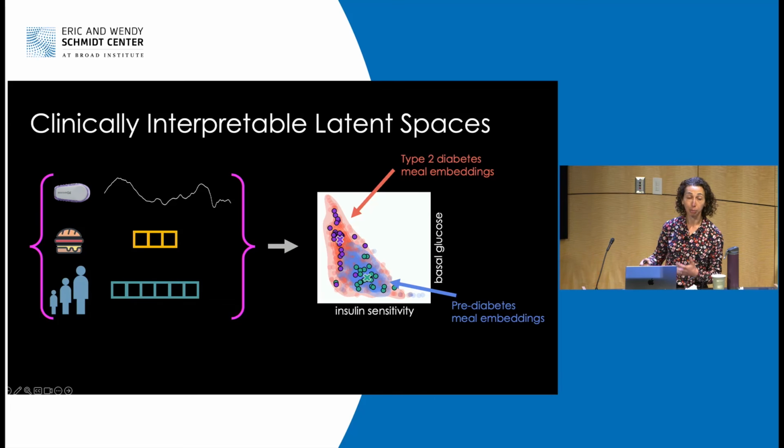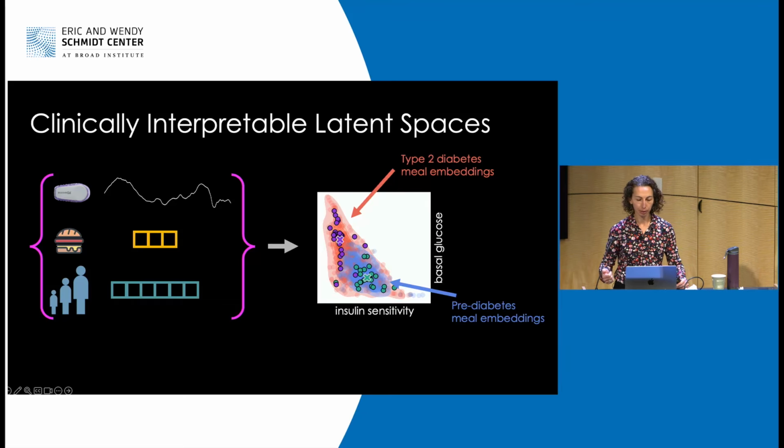But to make this space clinically actionable, we need these dimensions to align with clinical reasoning. And so what I'm showing here are embeddings of patient meal data for individuals with type 2 or prediabetes in terms of known correlates of disease, like insulin sensitivity. But insulin sensitivity is very challenging to measure directly, so how are we doing this?